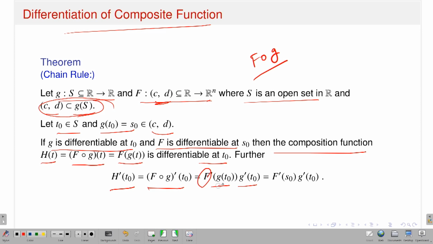But g of t naught is nothing but s naught. So the composition function is differentiable, and its derivative at t naught is the derivative of capital F at the point s naught, which is g of t naught, times the derivative of g at the point t naught.